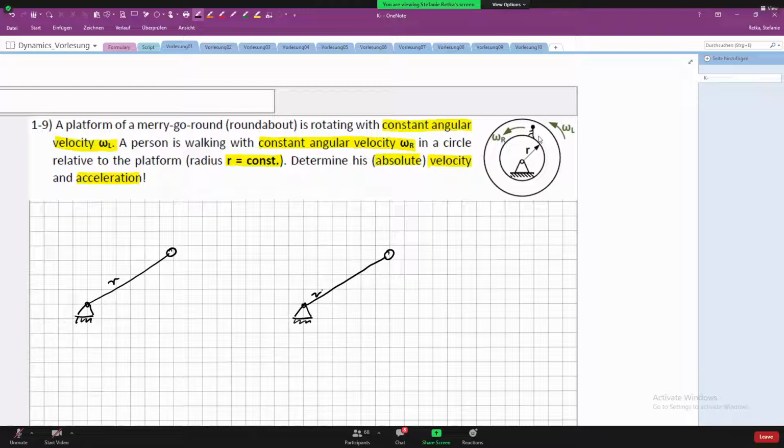Okay, then we have to draw the velocities and the accelerations of both motions into this figure in our point P, the current position of our person. I will give you 5 minutes time to do this on your own. Okay, try to draw the vectors in the correct direction, and then you can see the solution.